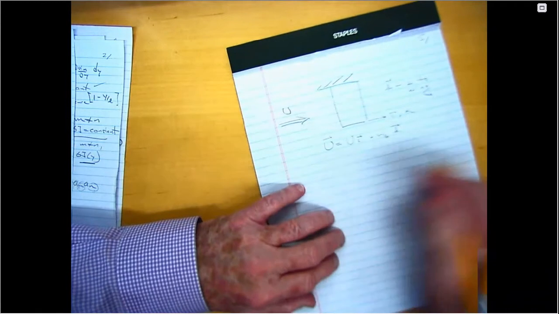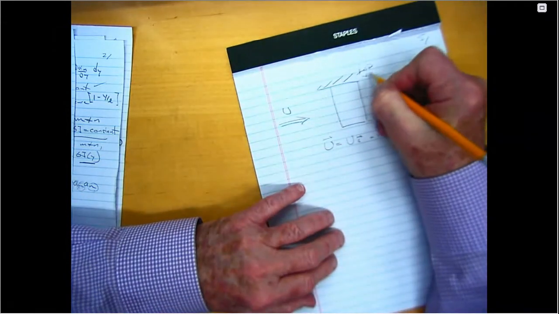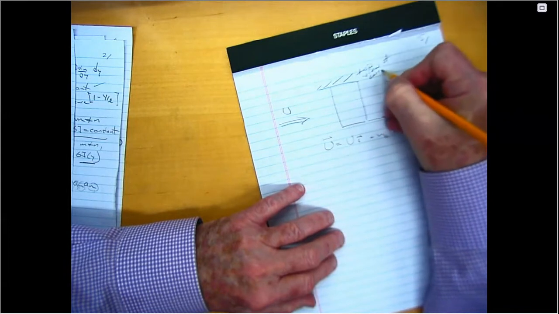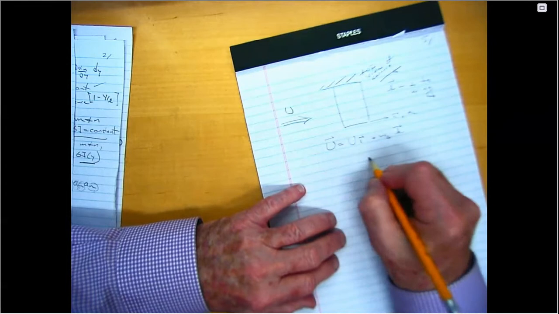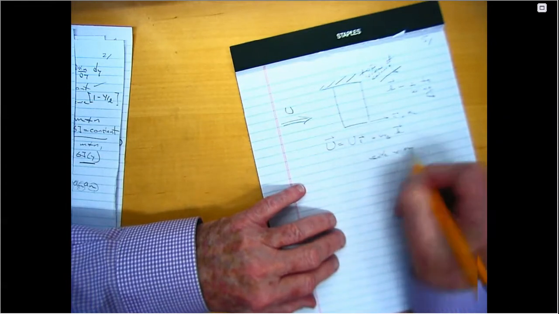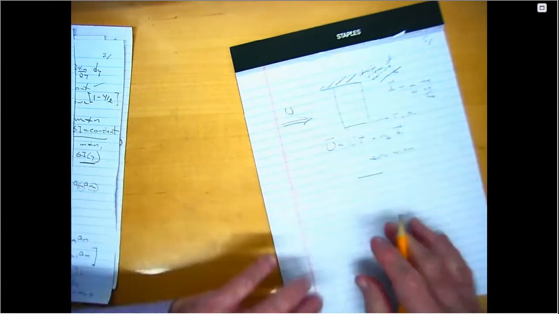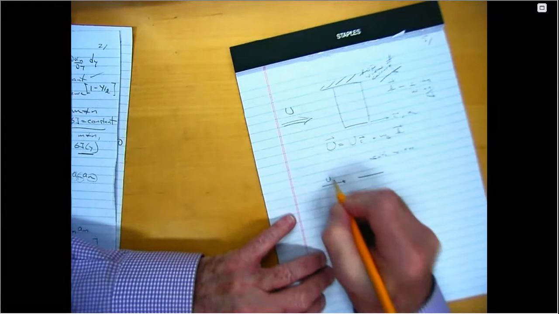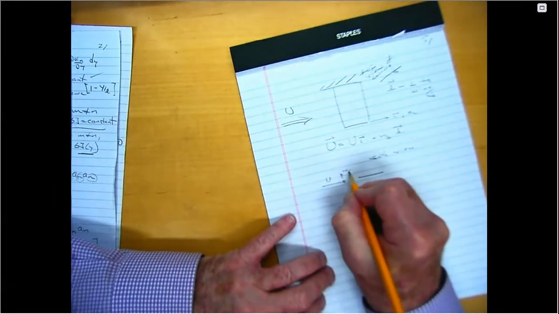So this is sort of a top view of the wing. Now, if I look at a side view, I've got a U component this way of the flow, but I've got a W_G component this way.